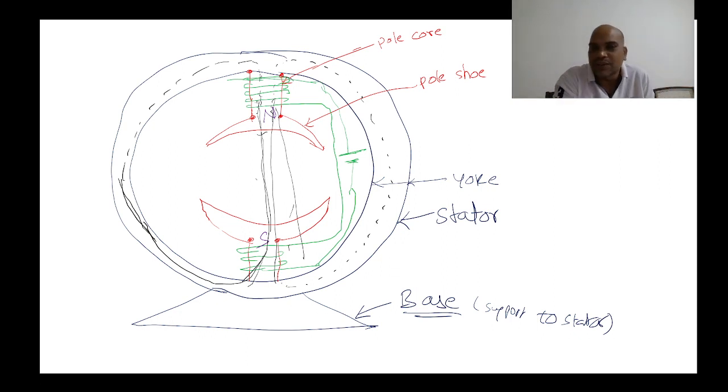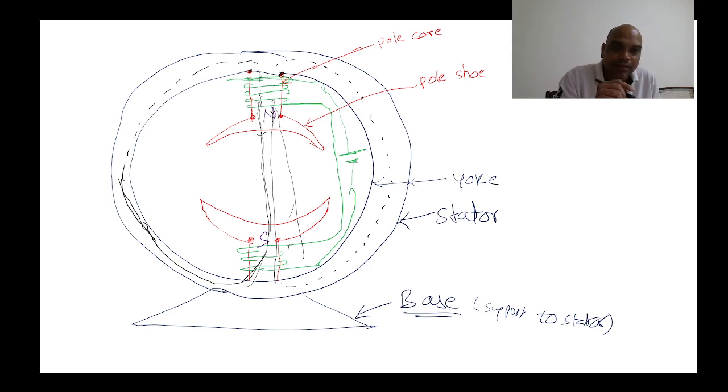So what is the function of the yoke? That is the first point: it gives support to the pole core.